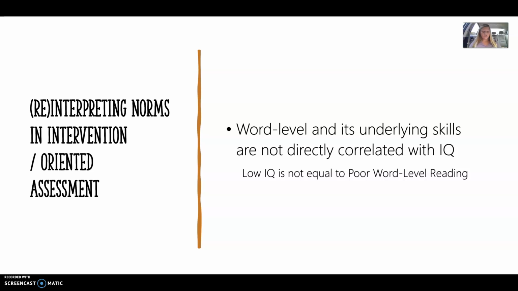And low IQ has a large influence on reading comprehension, but it has nothing to do with word level reading. So if your student has a low IQ, that has nothing to do with their word level reading skills, but it has everything to do with their reading comprehension. So you'll need to really look at the comprehension they are getting whenever they're reading.